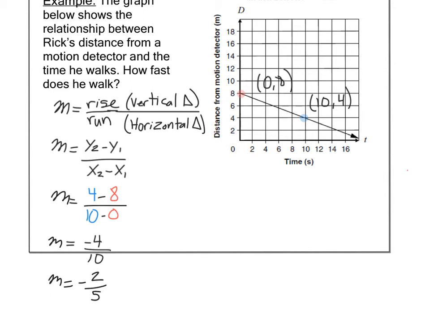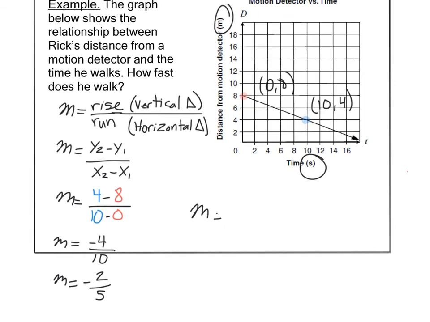And to do that, we need to use the units. So our slope here is negative 2 over 5. And remember, our rise is our distance, so our unit is meters, and our run is our x, and so our unit is seconds.